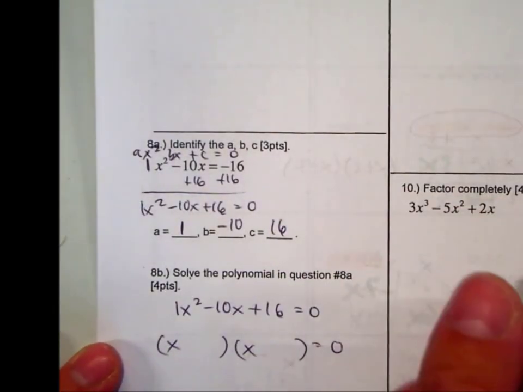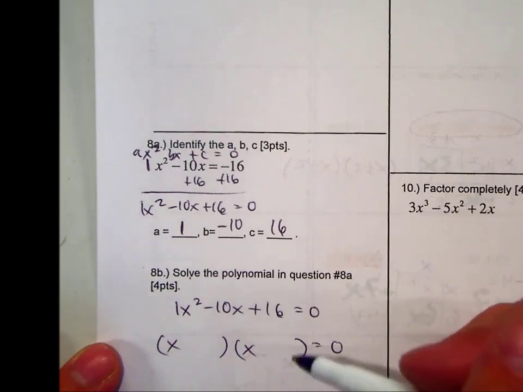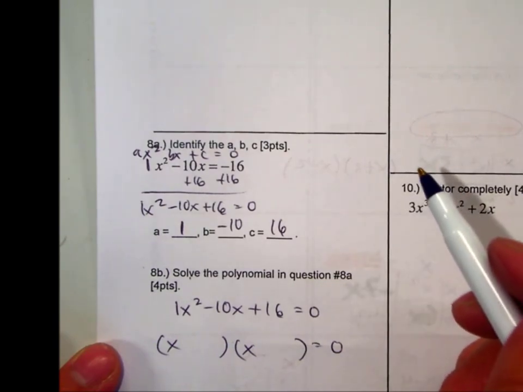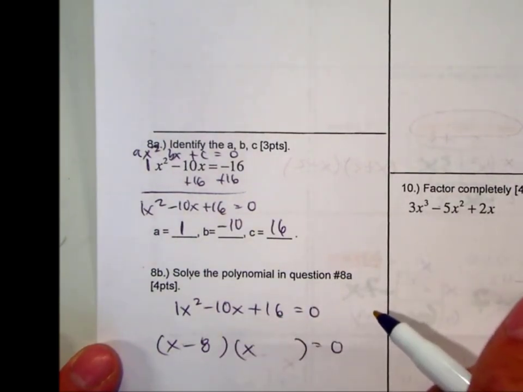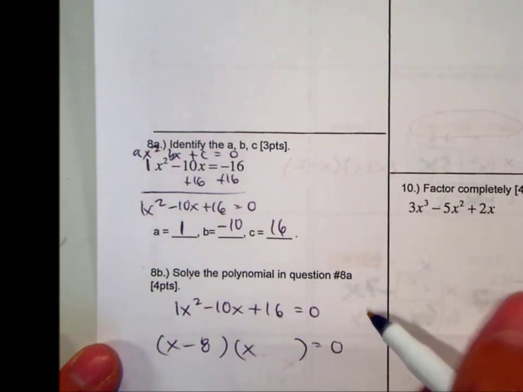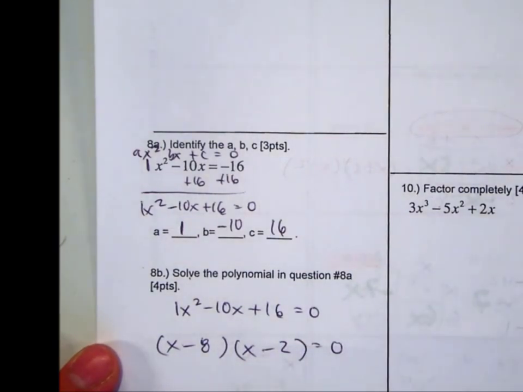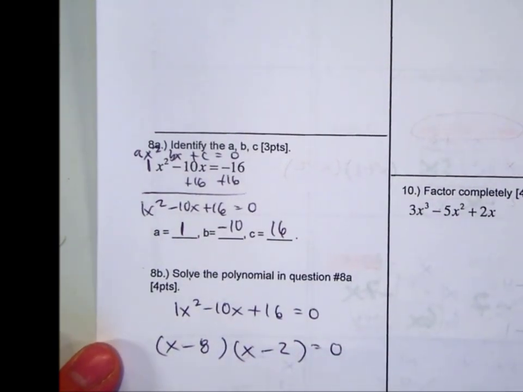What number should I put in there? Negative 8, negative 2. Those two numbers add to be negative 10, but multiply to be positive 16.